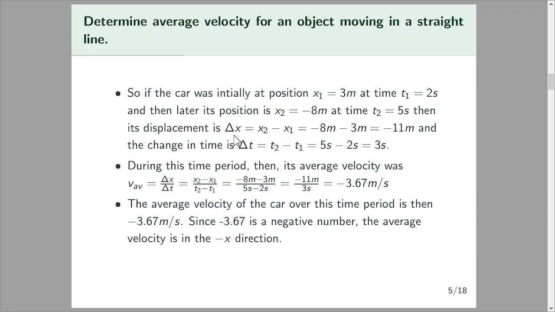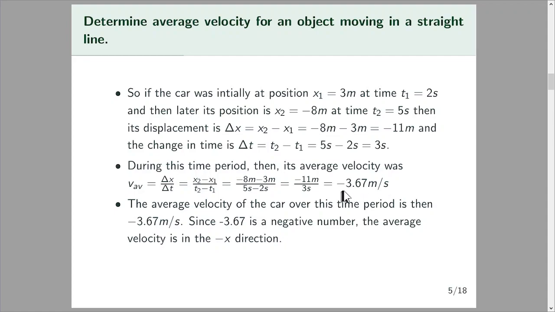Its displacement then is now negative 11 meters. We already figured that out in the second slide we looked at. Once again, the time change during which it made that transition is 3 seconds, 5 seconds minus 2 seconds. Again, we can calculate using the same equations. The average velocity is the change in position over the change in time, and we get minus 3.67 meters per second.